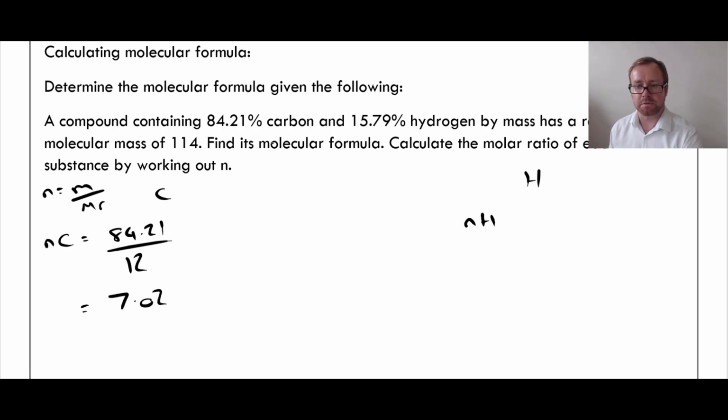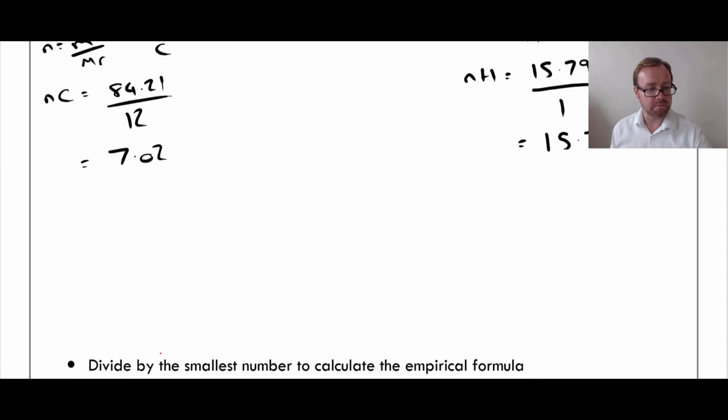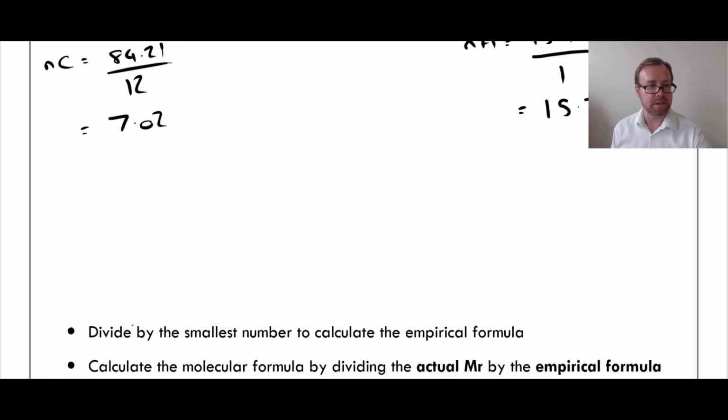My number of moles of hydrogen, 15.79, divided by 1, which obviously gives me 15.79. I now need to divide by my smallest number, as it says here, which is 7.02.